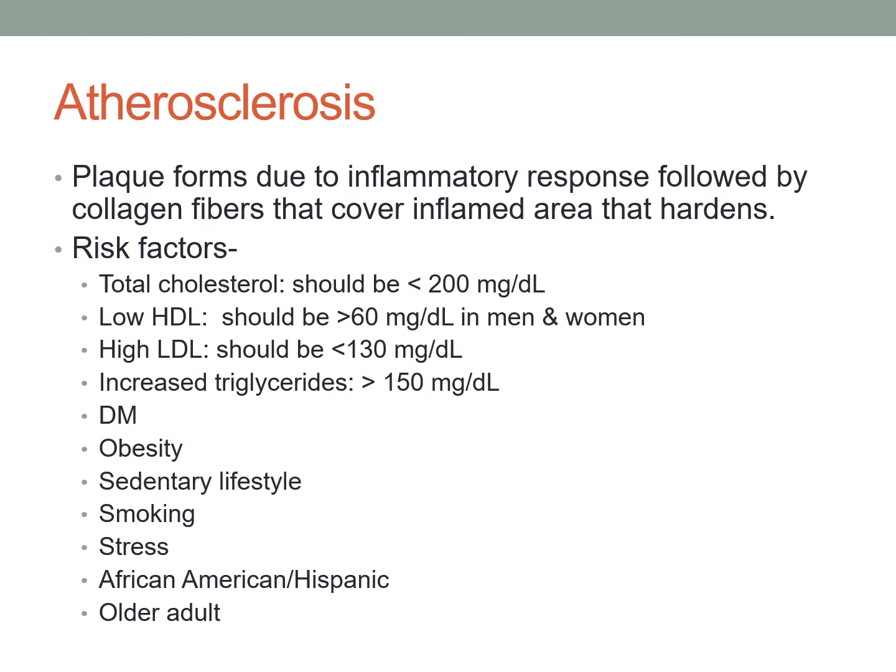So that's what plaque is. Plaque forms when there's an inflammatory response that is followed by these collagen fibers that cover that inflamed area after the inflammatory response, and it hardens, so it forms that fat buildup, that plaque.